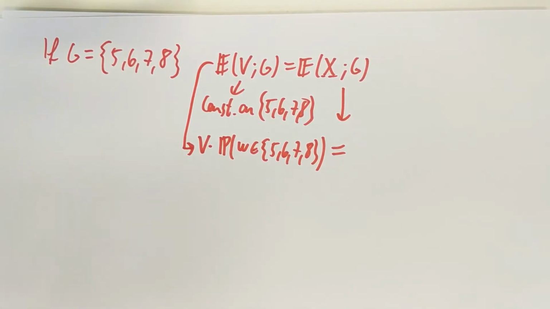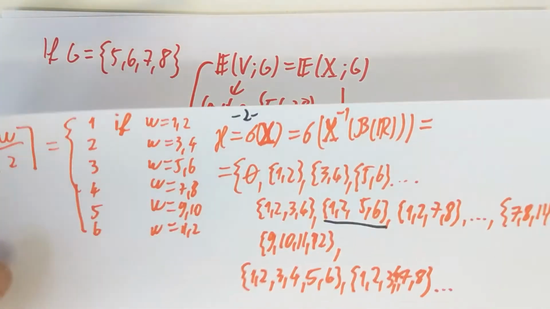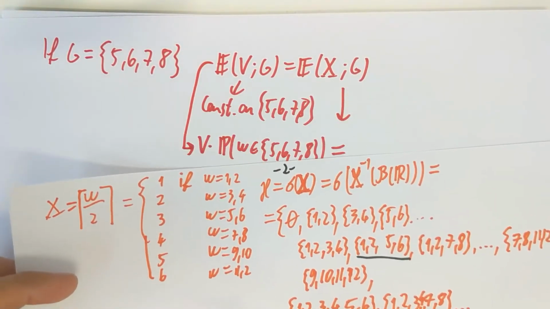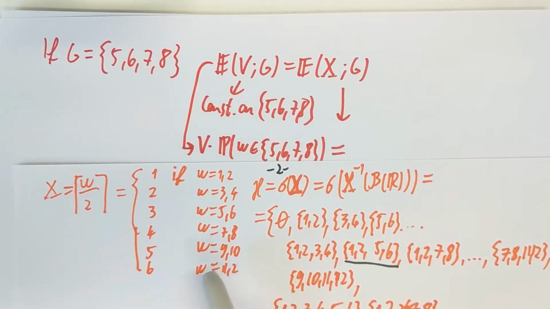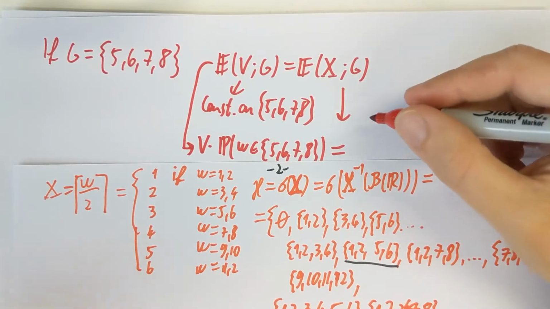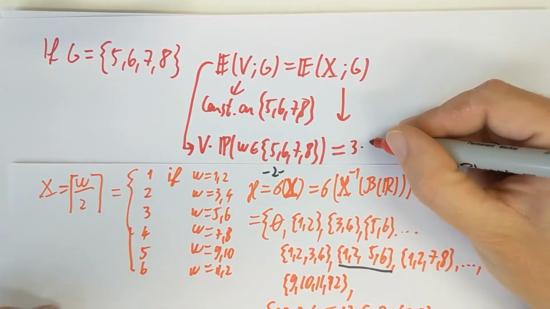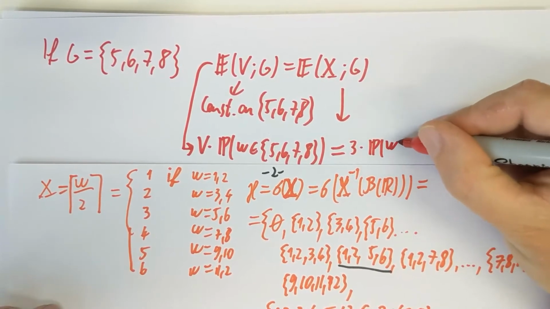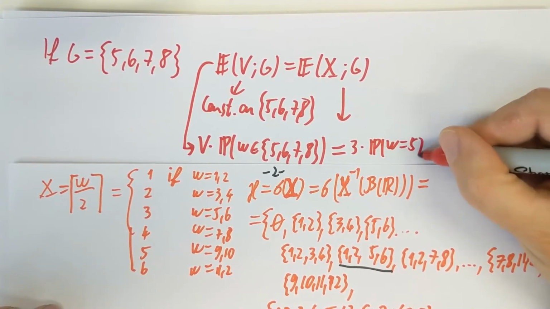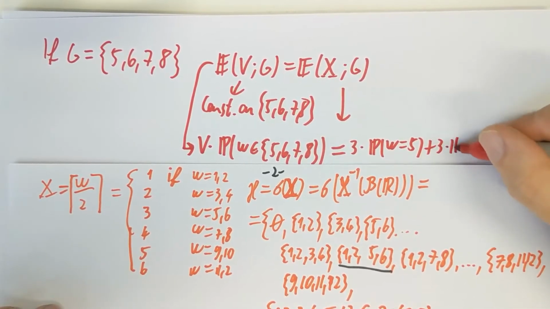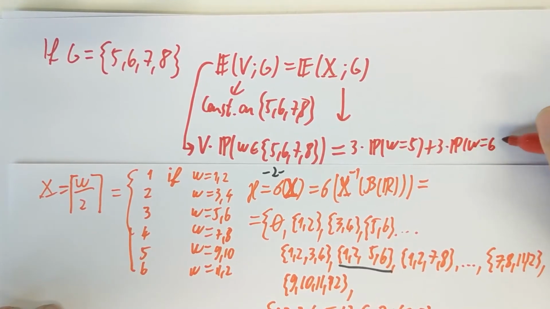So if I bring back what x was, G is 5, 6, 7, 8 together, so expanding that expectation, x could be 3 with probability of omega equals 5. It's 3 again when omega is 6.